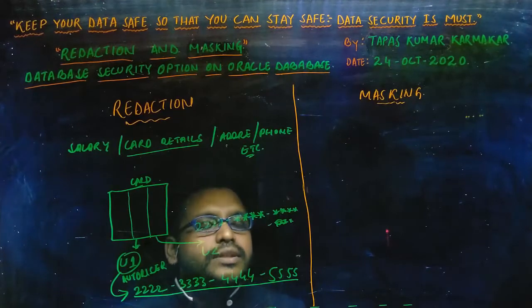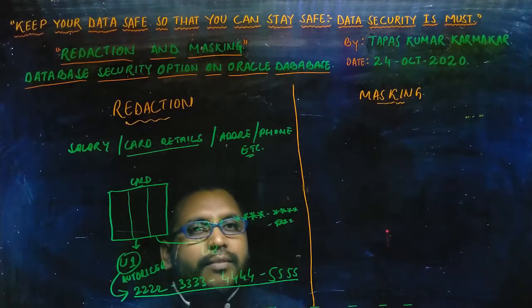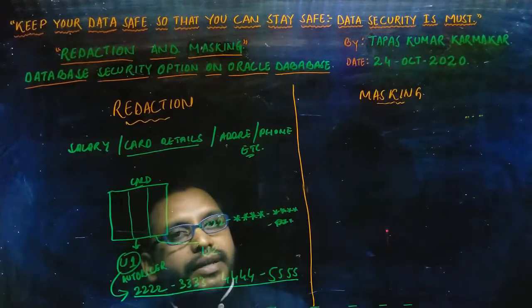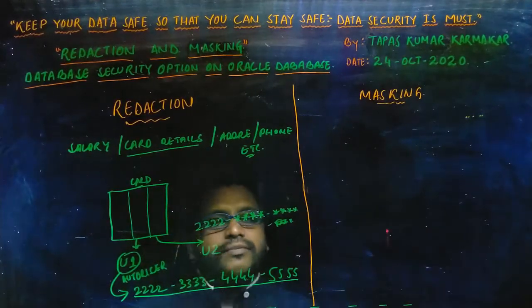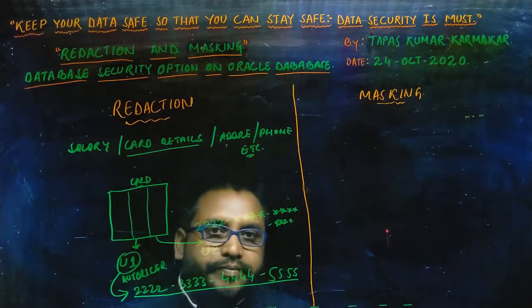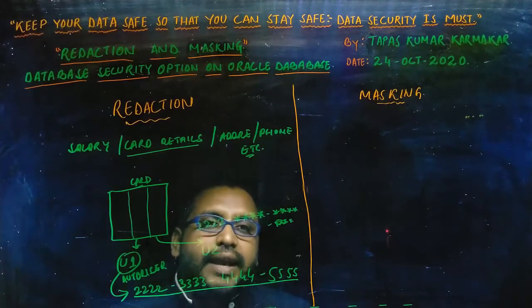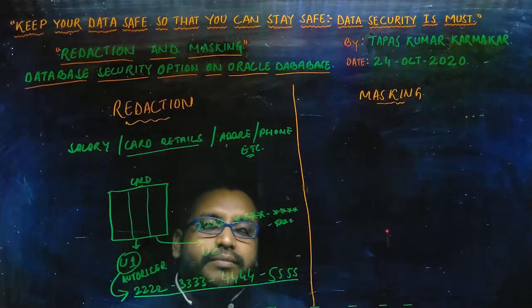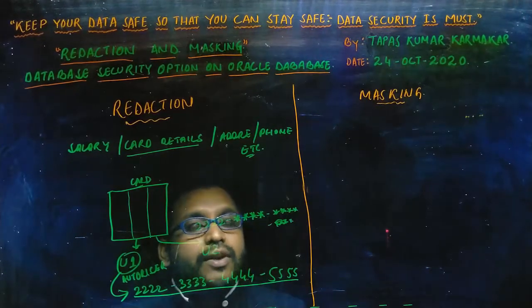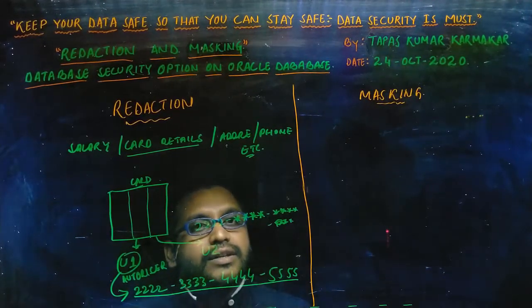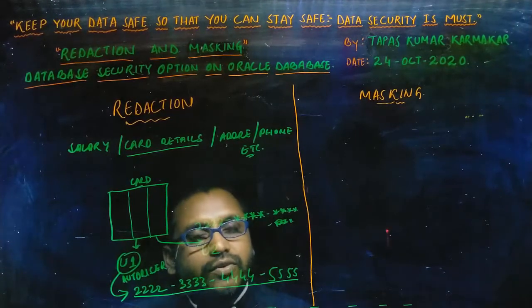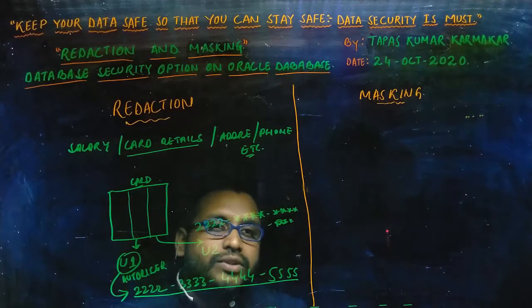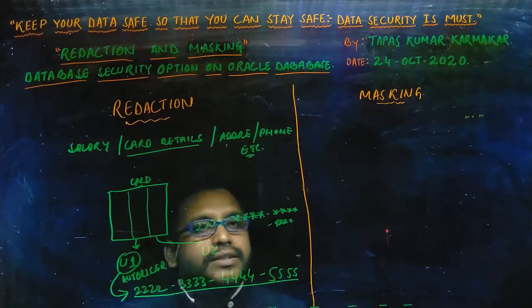And now let us check about masking. Now what is masking? Masking means you have a production environment where you keep all your data, and at the same time you require some testing on this data whenever you implement some new project. But at the same time you have to keep in mind that this sensitive data shouldn't be compromised in any way to any other department or any other person outside the users who are accessing the production data.